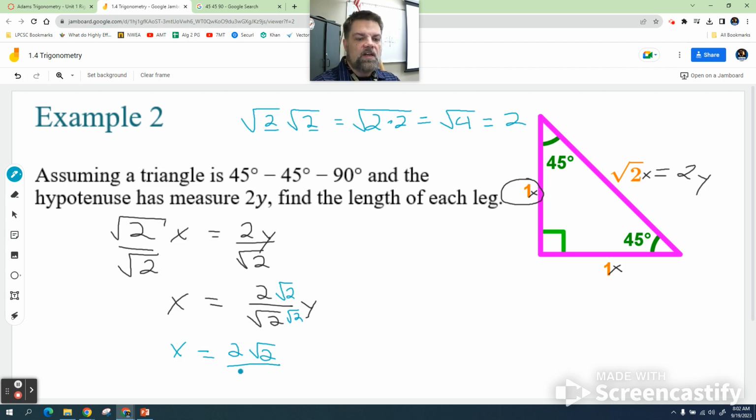All right? So this becomes 2y. Now, that means that this is going to be 2 root 2 all over 2y.